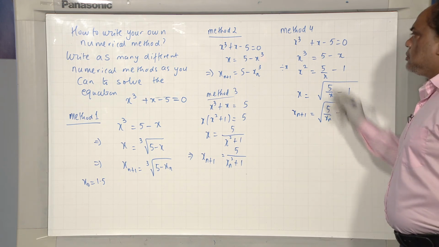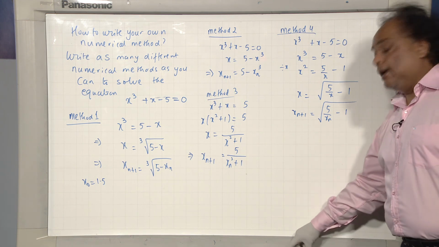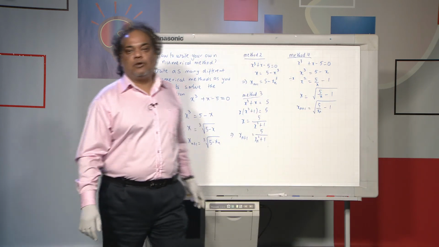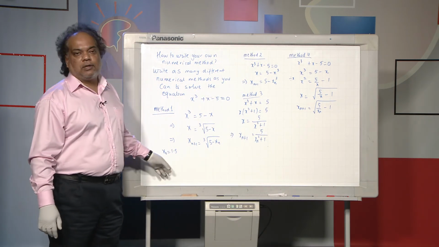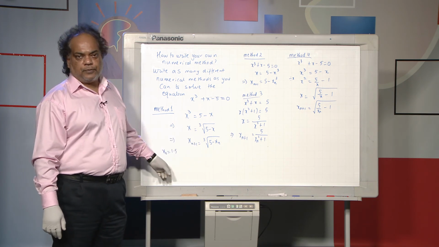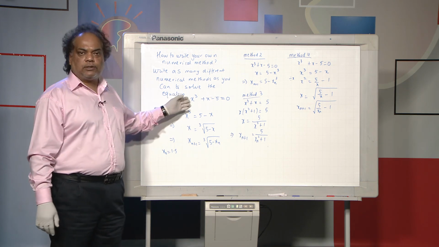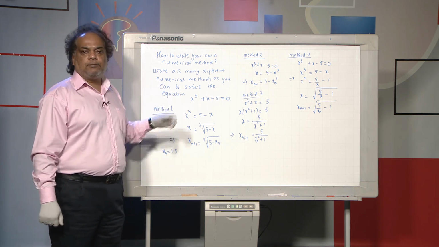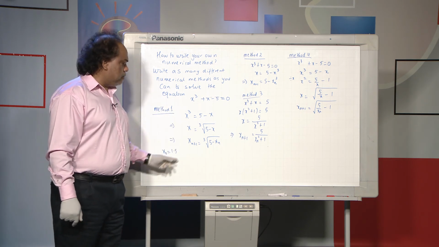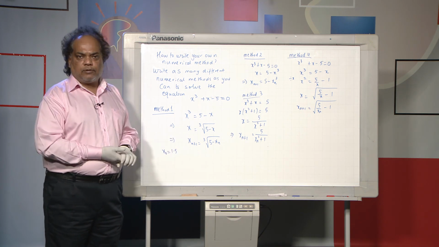So, you see, it's not difficult to write a numerical method. However, what is difficult is actually to prove whether it converges or not. You are not required to know how to prove a method converges or not. But what you can do is that we have solved this equation in the second part of the lesson. You can actually use the iterative method with 1.5 to see whether it converges or diverges.